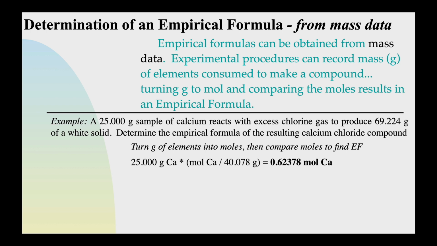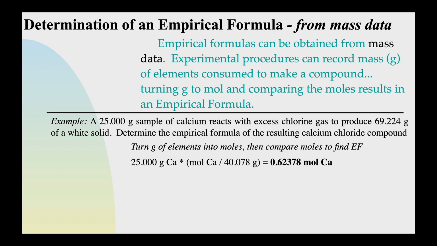You can see there we divided by the molar mass of calcium, the number on the periodic table. Calcium is number 20 on the periodic table. If you look up the right version, it goes to 40.078 grams per mole. I used 5 sig figs because we're putting 5 sig figs in. This comes out to be the 0.62378 moles calcium number.